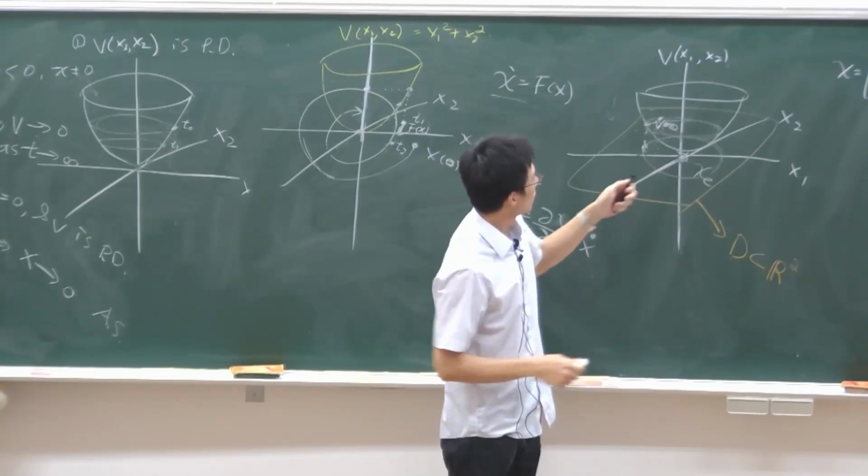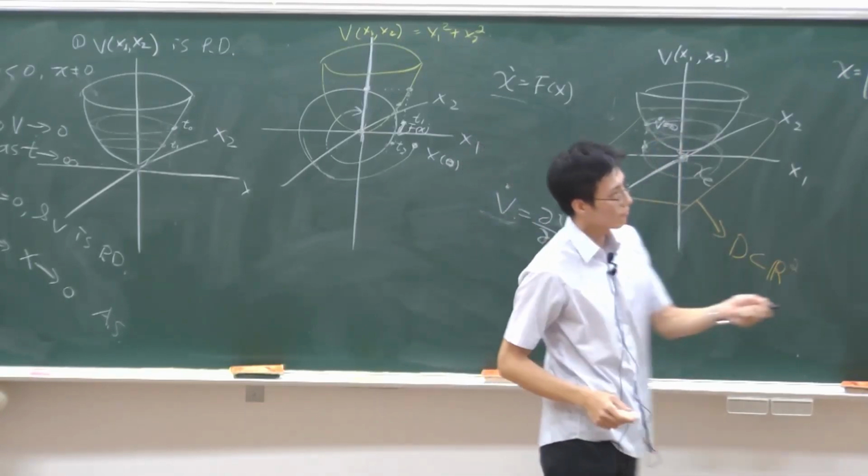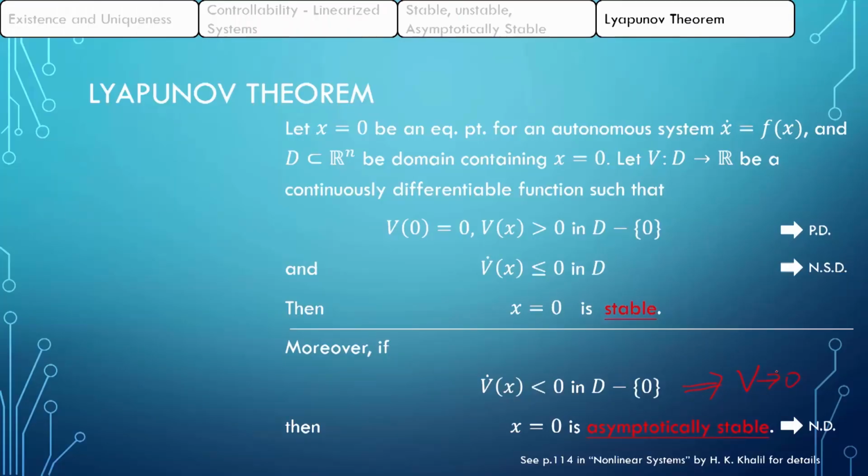所以 if V dot is zero in some D in here, okay, if V dot is zero here, that means that V is constant.